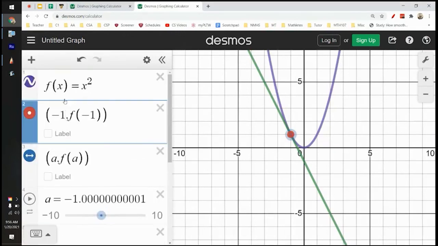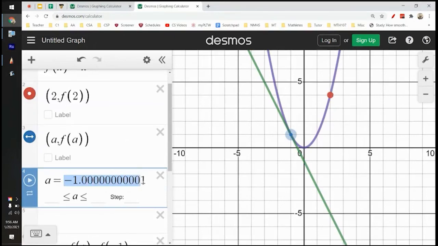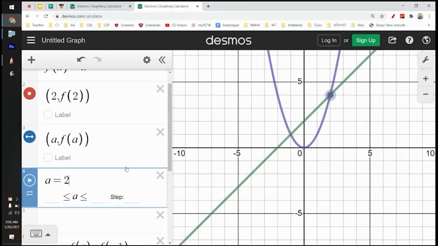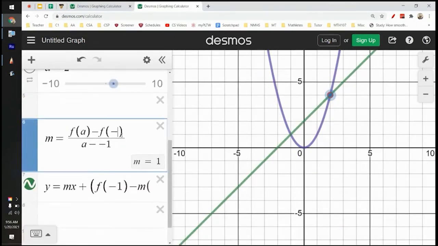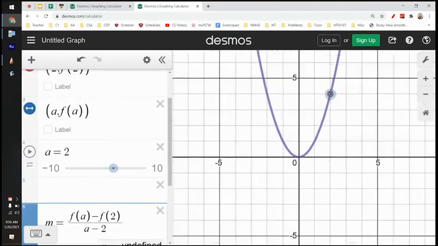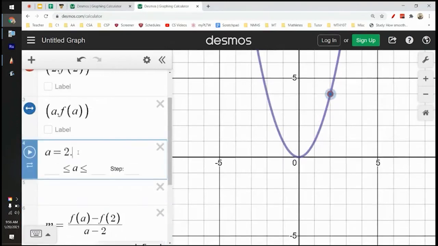So say I wanted to do it at 2. Let's get infinitesimally closer to 2 on this one. If I plug in 2 right there, oh, but this is still based on -1. I should have made a letter for this. Hold on. If you notice the points are right on each other there, but watch, if I get infinitesimally closer to 2, by the way, I should be doing both sides on this.